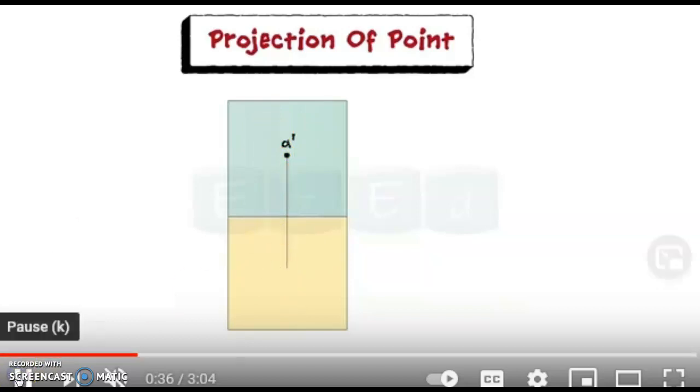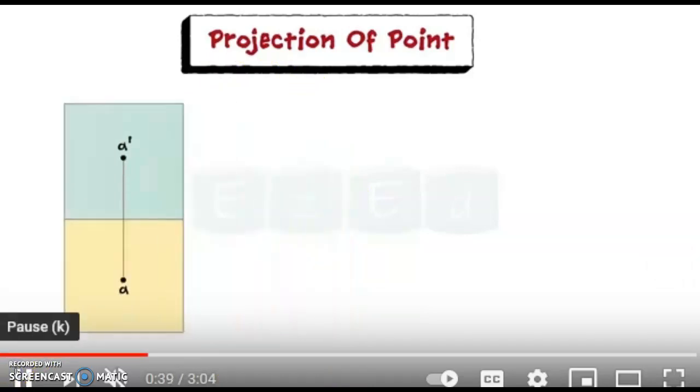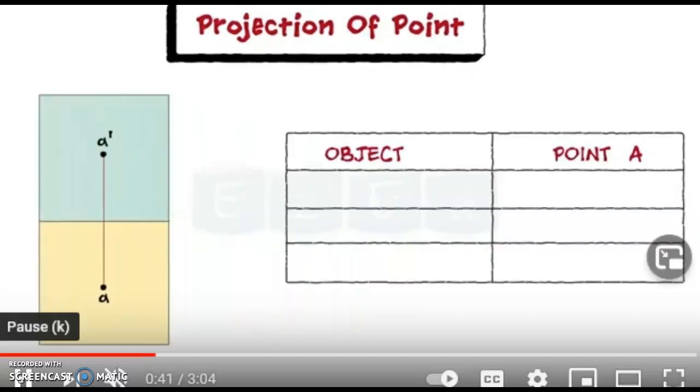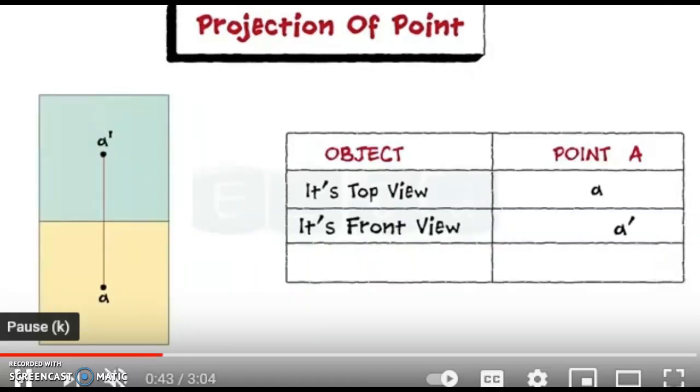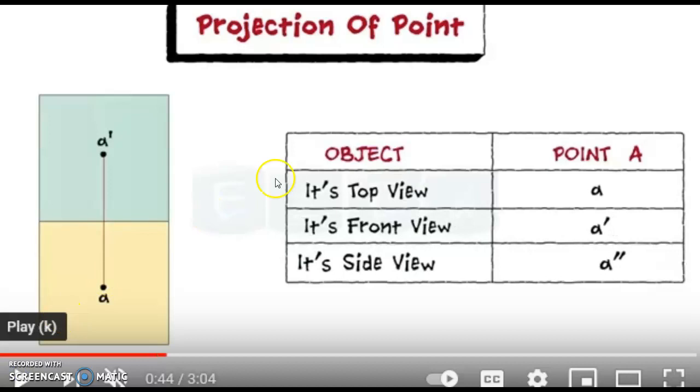And we mark 2 points, A dash and a, on the vertical and horizontal planes. Now this is our paper, our 2-dimensional paper. So we can name the points like this. These are the 3 namings of points.